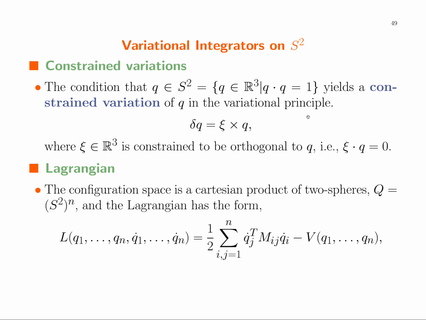So let me say a little bit now about what happens if you work with things which are not Lie groups, but what are called homogeneous spaces. The simplest example of a homogeneous space is perhaps the 2-sphere. The 2-sphere is related to a rotation group because you can get from any point on the 2-sphere to any other point on the 2-sphere through an appropriate rotation.